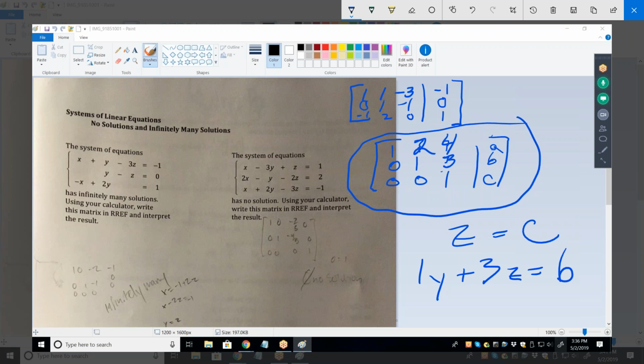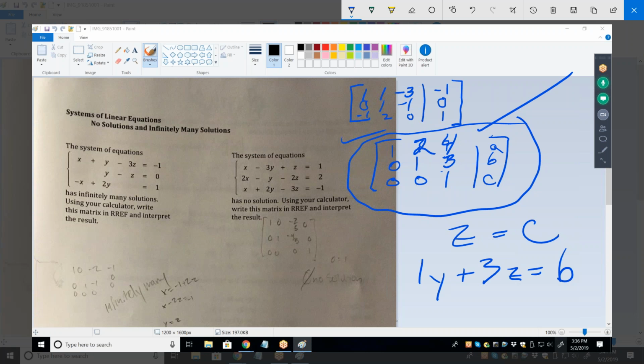Once I solve for z and y, it's just a question of plugging it into that row, and you'll solve for x. So this is quite valuable. When you get it to that step, you're basically done. If you're doing it manually, you don't need all the additional work to get it to the perfect form, which is just ones and zeros.